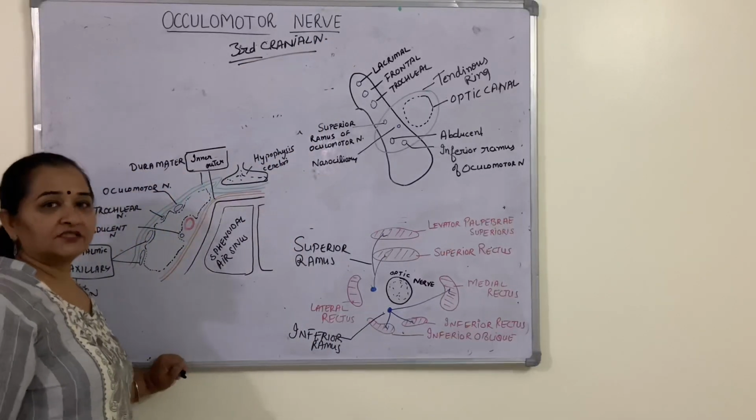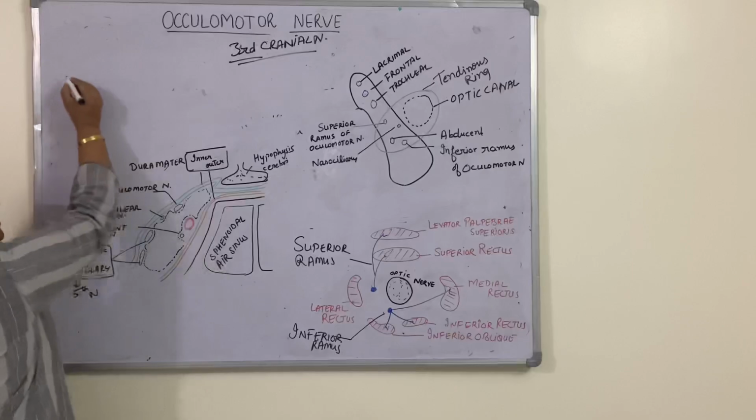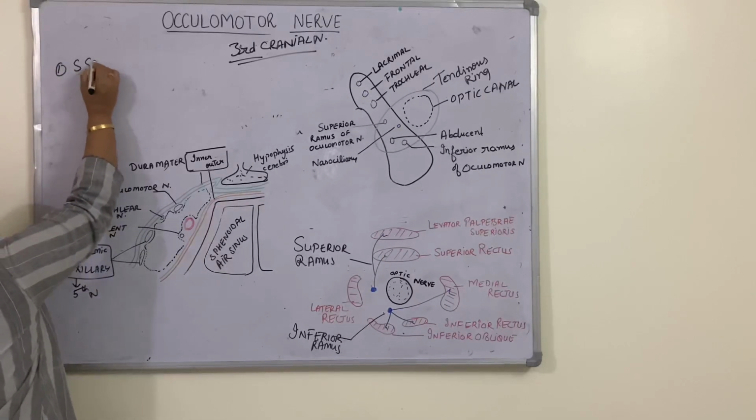Now what are the different functional components of this nerve? The first functional component is the special somatic efferent.